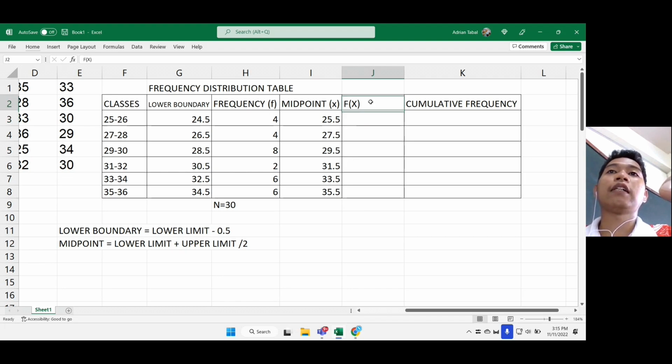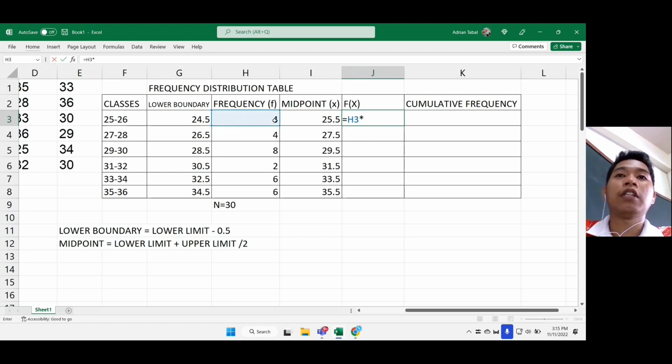So again, next to the midpoint is fx. So we're going to multiply this one. 4 times 25.5, using the calculator. That is equivalent to 102. And so on. The same for 4 times 27.5. And so on. So we just use the formula, right?